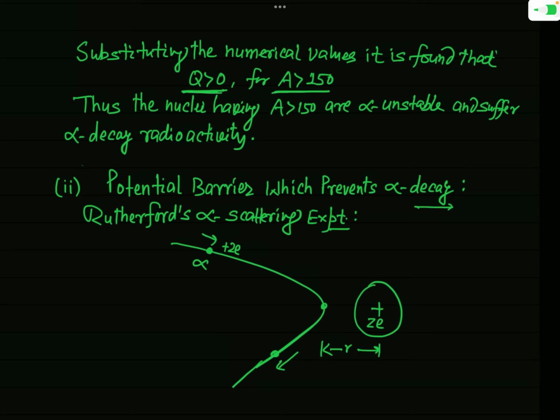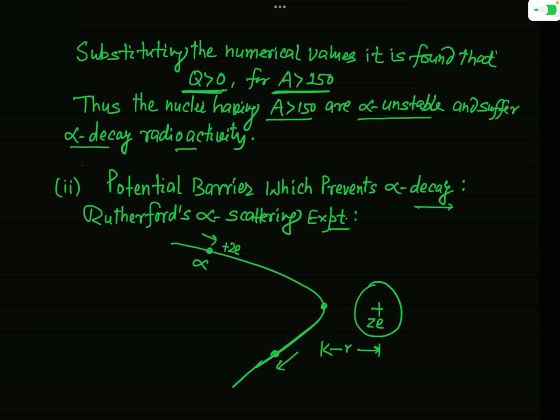So this semi-empirical mass formula supports that there may be alpha decay, but only when the mass number of the parent nucleus is greater than 150. So finally we conclude on the basis of this formula that nuclei having mass number greater than 150 are alpha unstable, because for those nuclei the Q value of the process is positive, and positive Q value refers to instability, and so such nuclei suffer alpha decay radioactivity.